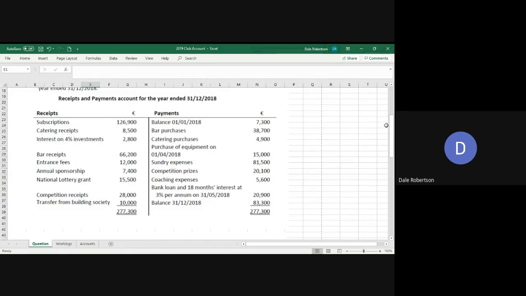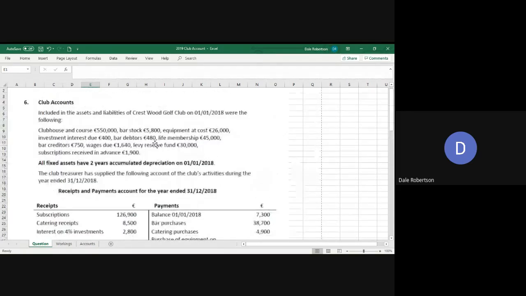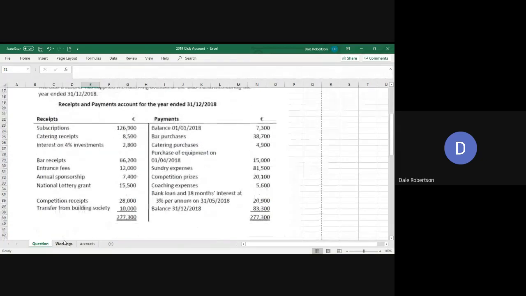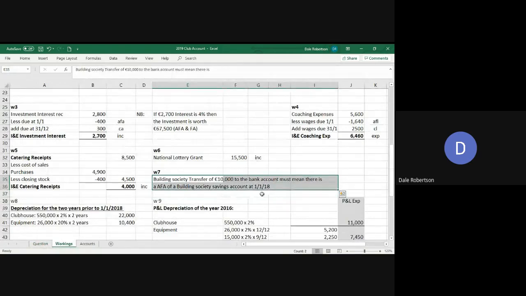Now, there is no mention of a building society asset at the start of the year, but there must have been, because otherwise, how can we take 10,000 euro from it and lodge it into our bank account? It's quite a sneaky little word in there, but that 10,000 must mean there is an accumulated fund asset of building society savings account at the start of the year. So therefore, there is a 10,000 asset of building society at the start of the year. Otherwise, how could we have transferred from it during the year?